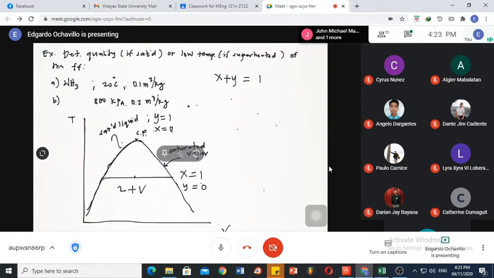Again, x is equivalent to the mass of the vapor over the mass total, the mass of the liquid plus the mass of vapor, and y is the mass of the liquid over the mass total. This is the mass total.